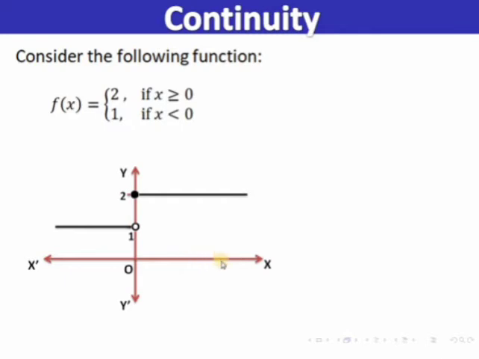Now my question is, will I be able to draw the graph of this function f(x) without lifting the pen? Your answer is no, because you draw from here to here without lifting the pen, but when you jump from here to here, you have to lift your pen. Don't think that I will go this way.